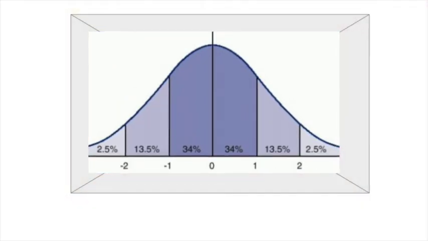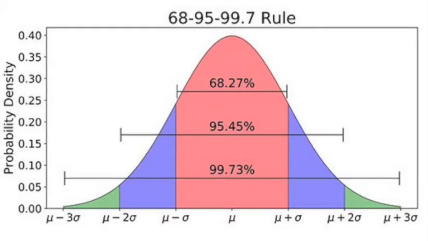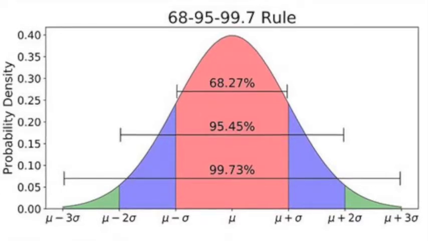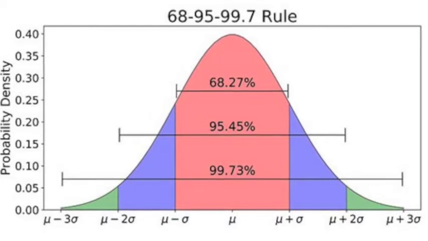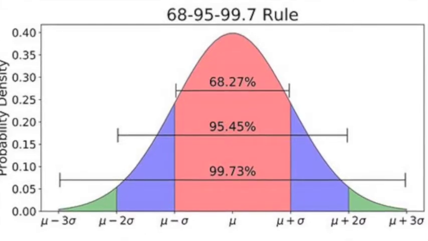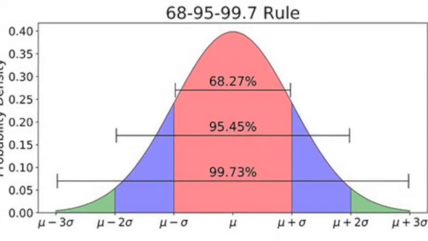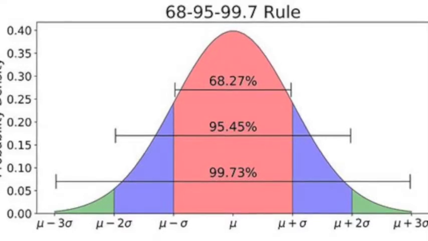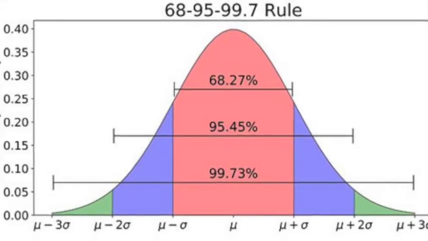So, to understand this curve, we have to understand that 68% of the observations, that is 34% plus 34%, fall within 1 standard deviation, and 95% of the means of the average will fall within 2 standard deviations, right?